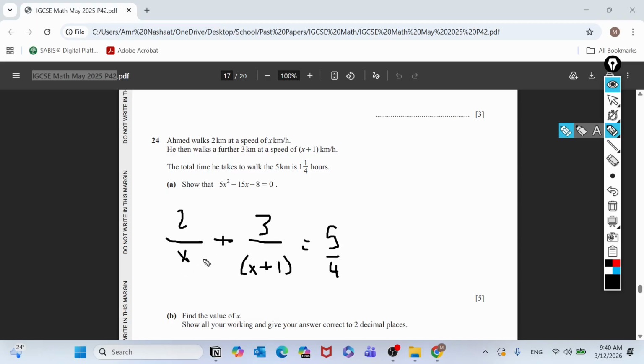So first let's solve this side. We can multiply up and down by x plus 1 here, so it's gonna be 2 times x plus 1 over x times x plus 1, and here x, you can multiply by x.